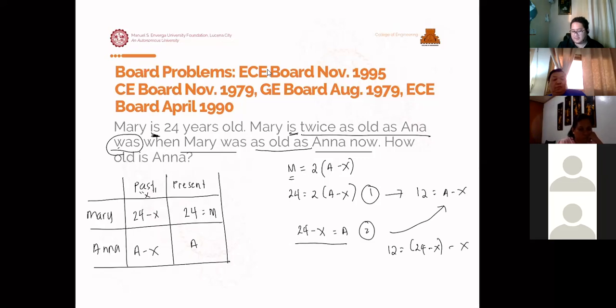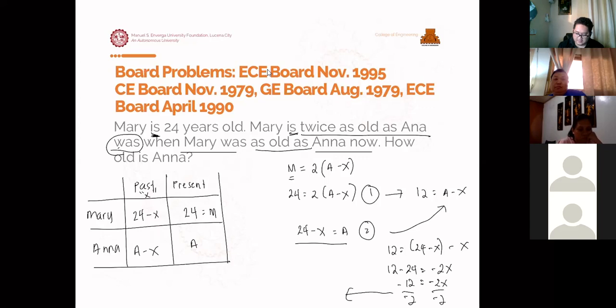Try natin ilipat yung kabila. So magiging 12 minus 24 is equals to negative 2x. So we have negative 12 is equals to negative 2x. Okay. Divide natin both side by negative 2.